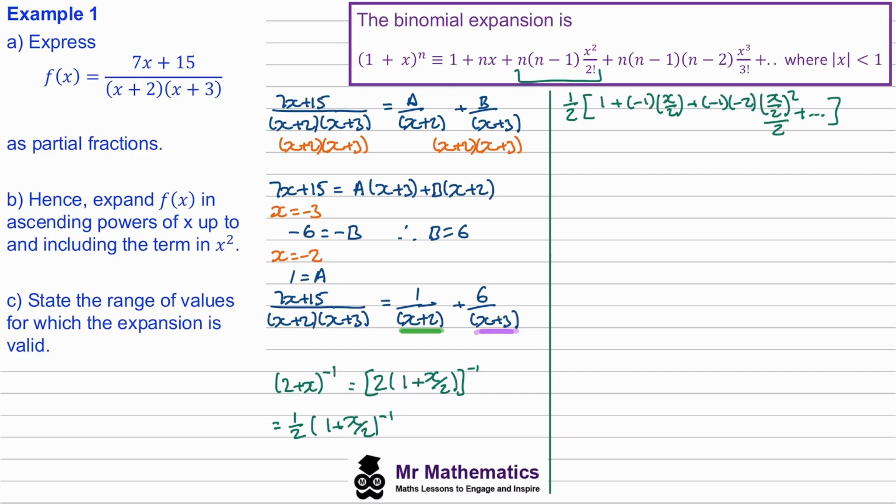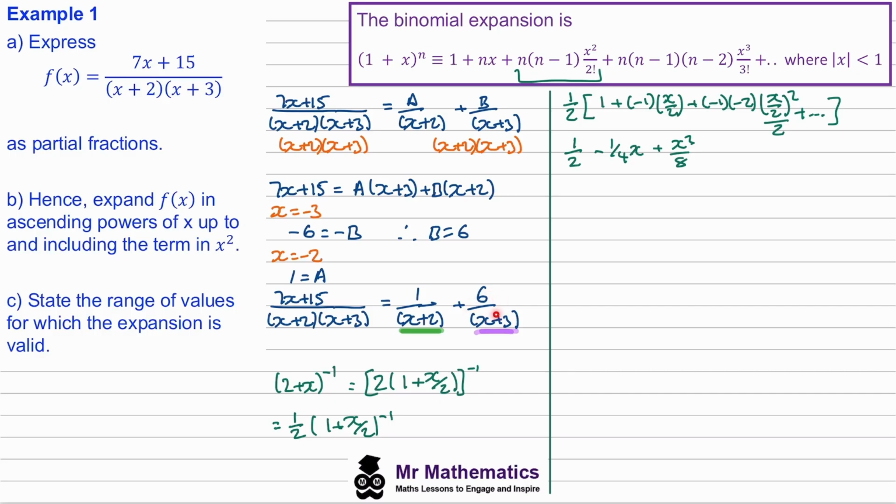And then we can tidy up each of these fractions and we'll expand out the half. So we'll have 1/2. We'll multiply this -1/2 by this half, and we'll get -1/4. And then you can see this +2 will cancel with this 2. The x over 2 squared will give us x squared over 4. And when you multiply this out with a half, we'll get positive x squared over 8. So that's the expansion for our first fraction.